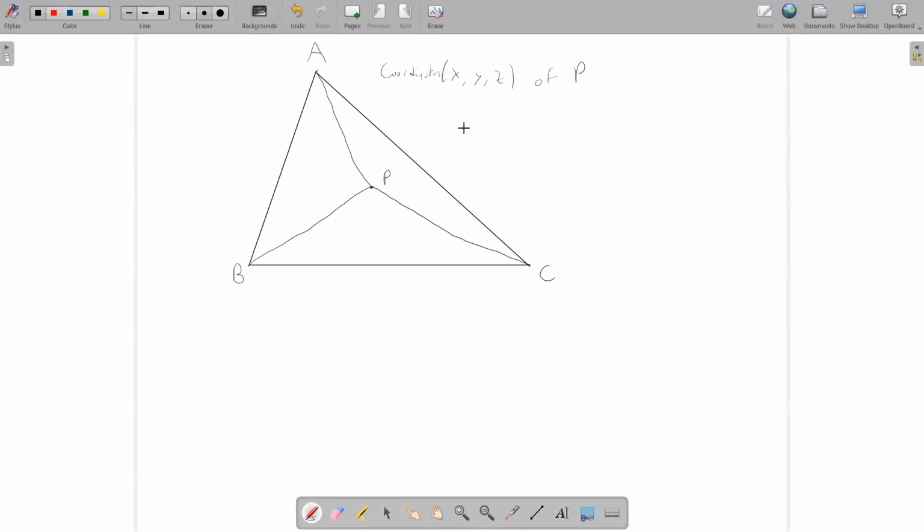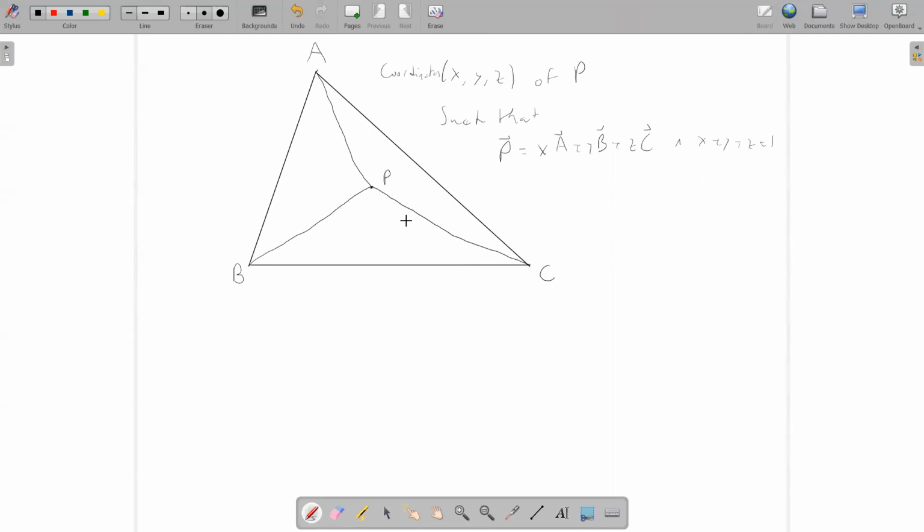Number one is such that the vector P is equal to x times the vector A plus y times the vector B plus z times the vector C, and x plus y plus z equals 1. Here the origin is taken to be whatever point not on the sides of the triangle.